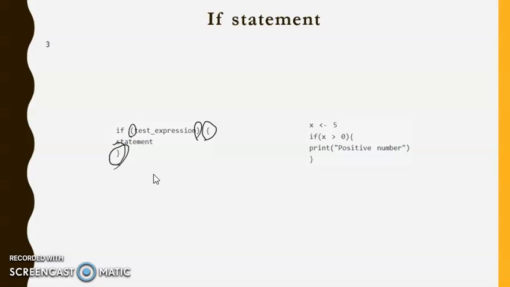So inside the parentheses, you put the condition, and if the condition holds, you run the statement. Why am I telling you that you should know this?